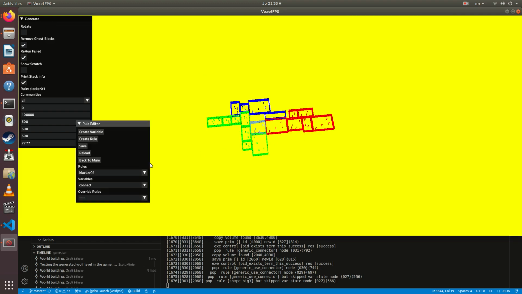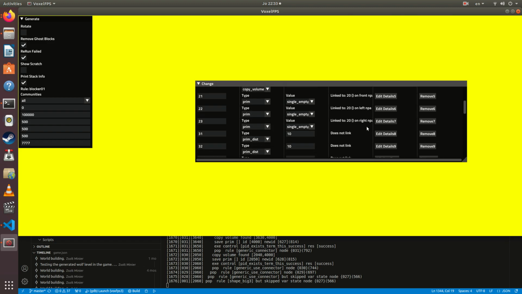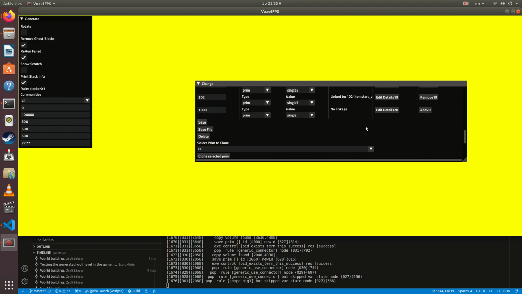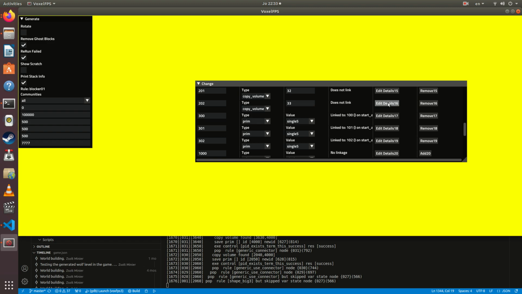I actually even added some debug capabilities, so I can set breakpoints to see how the rules expand, and also step-by-step evaluation. I will only show you the breakpoints.